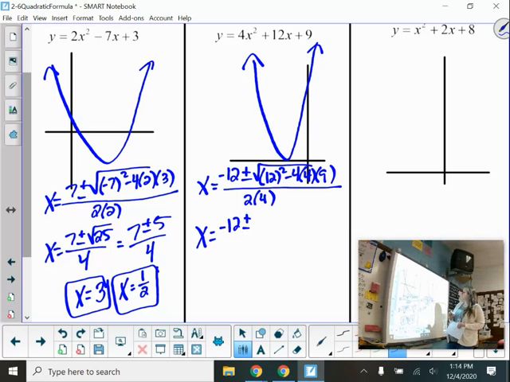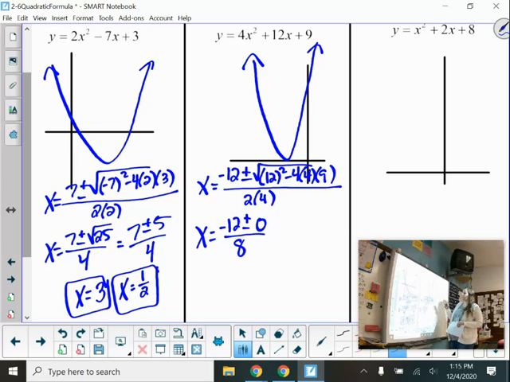So we have -12 plus or minus, inside the square root, 12 squared is 144. 4 times 4 times 9 is also 144. So when we subtract them, we get 0. Well, the square root of 0 is just 0. So this is actually just -12 over 8, because it doesn't matter if you add or subtract 0 from -12, it's still going to give you -12.